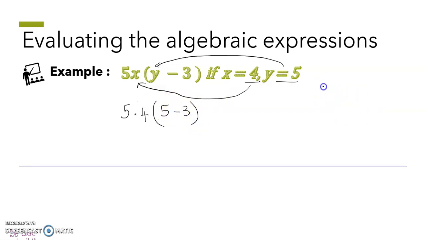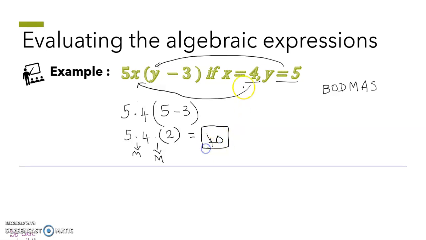So what is our rule? BODMAS. What is inside the bracket? We have to clear it first. So 5 times 4 times (5 minus 3), which is 2. So you have multiplication. So you can do it straight away. 5 times 4 is 20. 20 times 2 is 40. This is algebraic expressions. What is given, you have to substitute directly.